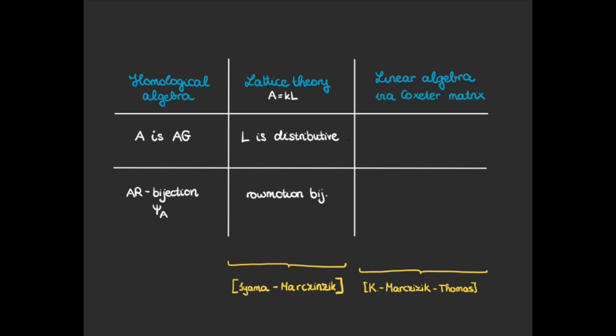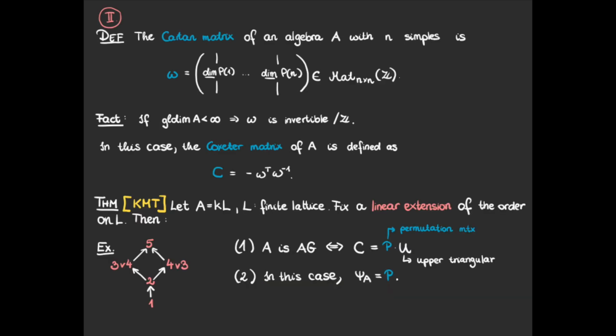Okay, so we have now homological notions, we have lattice theoretic interpretations, and in the remainder of this talk, I'll show how one could reinterpret these, how you could see these notions on the Coxeter matrix of an algebra. For this, let me remind you that the Cartan matrix Omega of an algebra A, which has n simple modules, is an n by n matrix whose columns are the dimension vectors of the indecomposable projective modules.